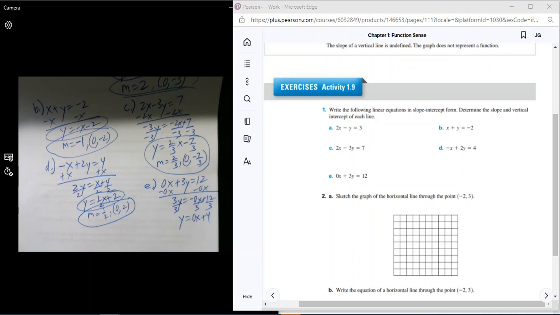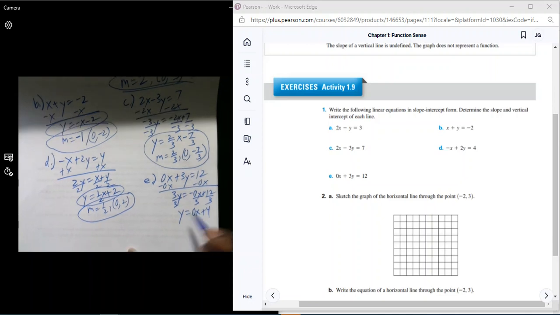But it should actually be y equals 4, but they put the 0x here, so we're going to go with that. The slope here is 0, and then the y-intercept will be 0, 4. So this right here would be your answer. All right, so that took care of problem number 1.